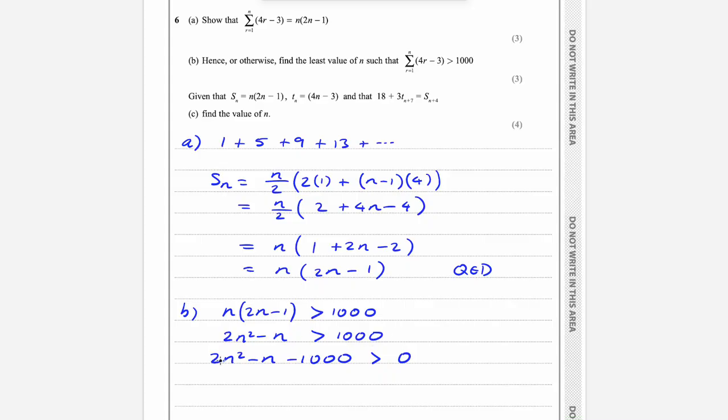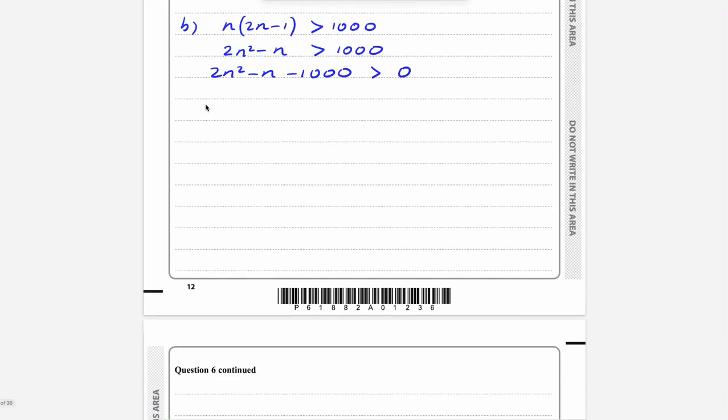Does this factorize, guys? No, it doesn't. So we'll use the quadratic formula. So let's assume it's equals for now, guys. So n equals minus b, that's 1, plus or minus the square root of b squared minus 4ac, so that's 1 minus 4 times 2 times negative 1,000, all over 4. Okay, and then we do this on the calculator.